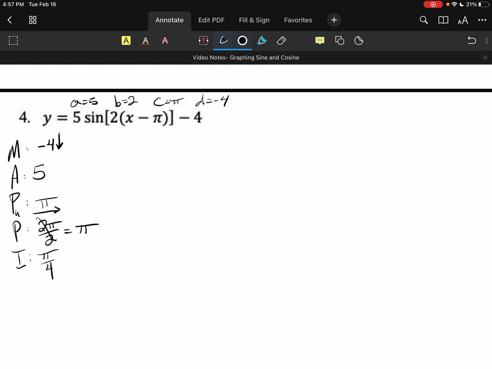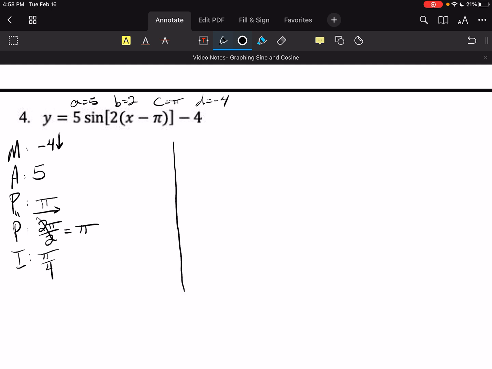So this one has a pretty big amplitude, and we're shifting down. So when you're constructing a graph by hand, you want to take those things into account when you're setting up your axes. So I know this thing's going to be down 4, and it's going to go down 5 more, so it's going to be pretty far down on the negative, right?